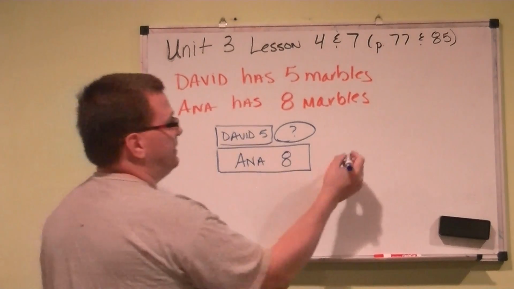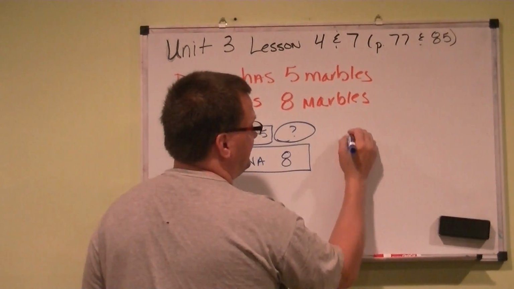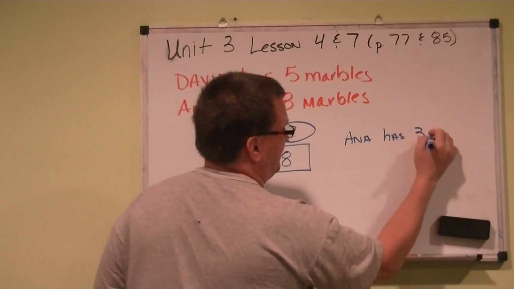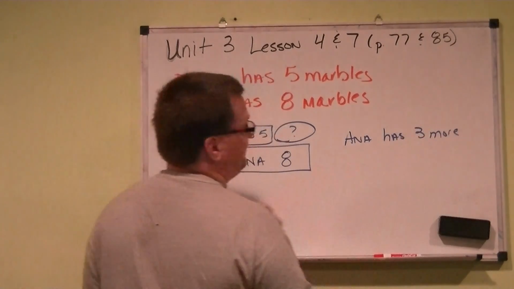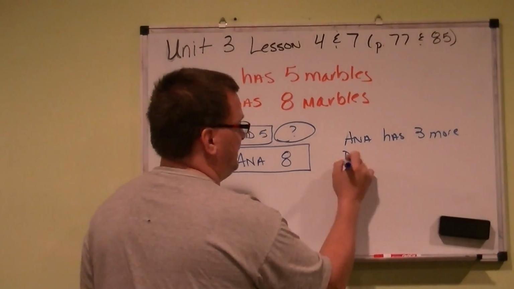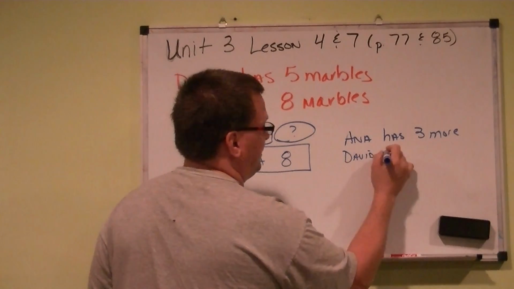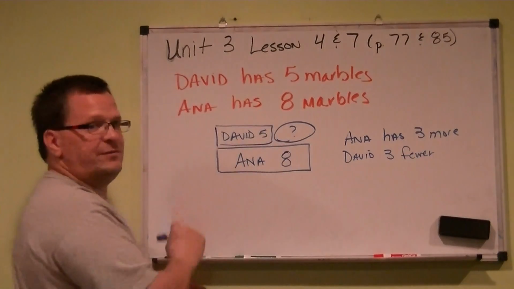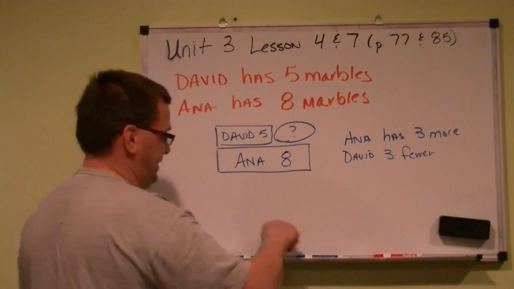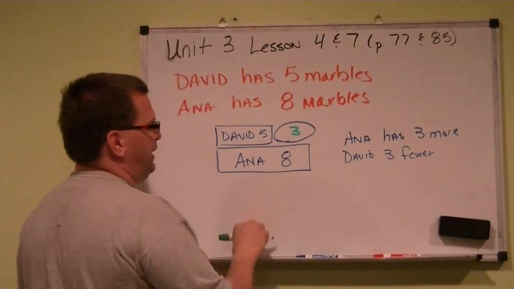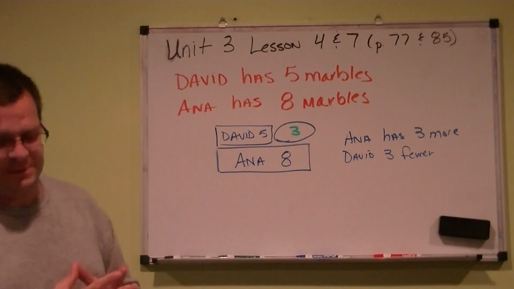So Anna has 3 more marbles than David. And then the second part is David has 3 fewer. So the answer there, 8 minus 5, will be 3. So we can change that question mark into a 3. And that's what they call comparison bars.